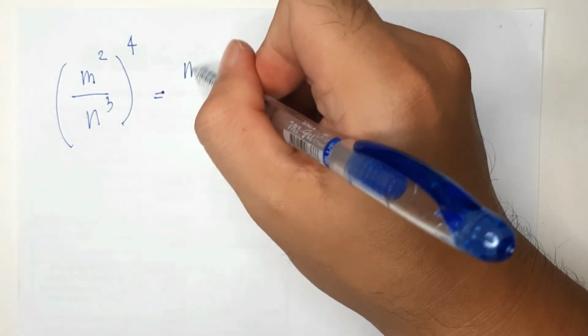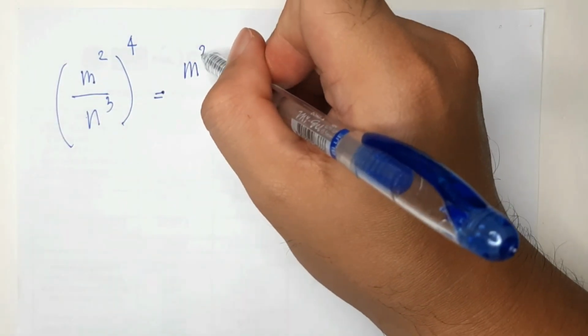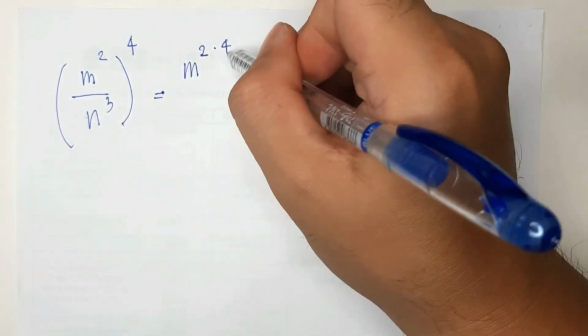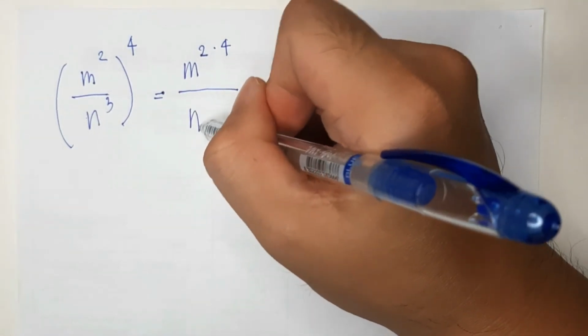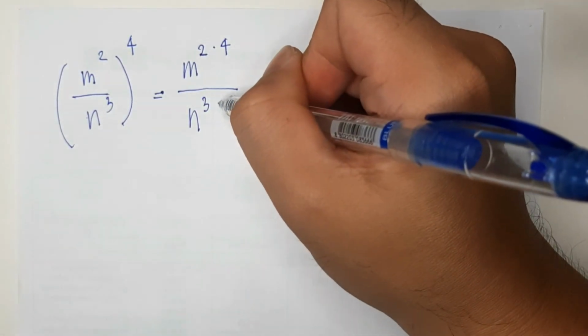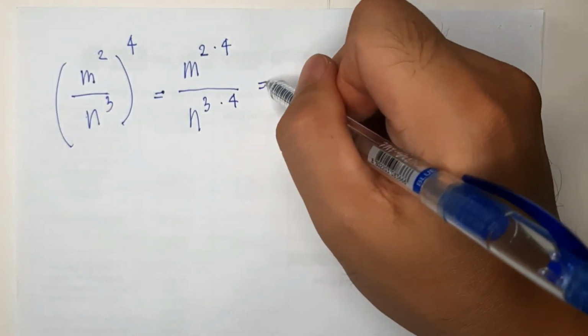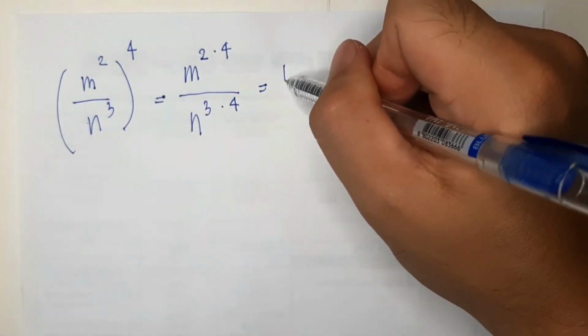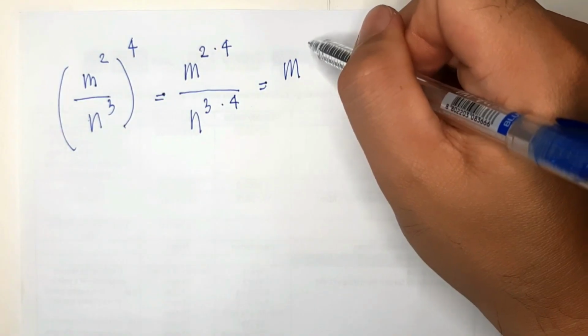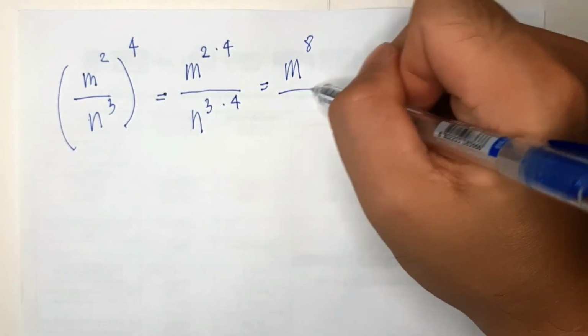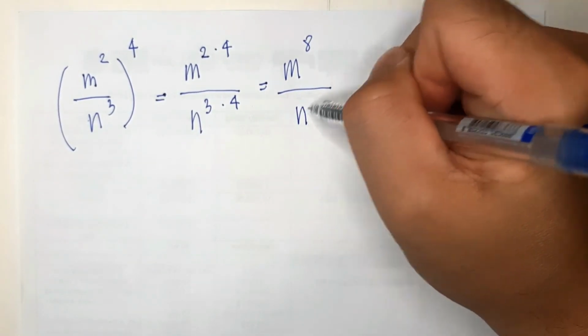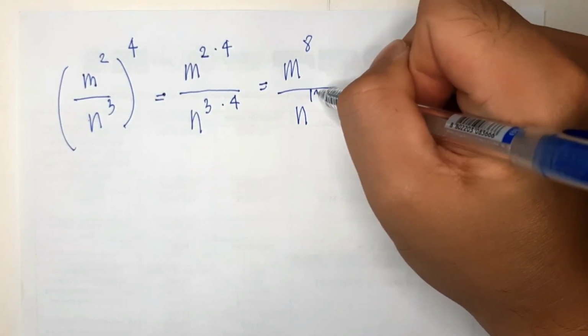So we have to multiply m squared times 4 over n cubed times 4. And then simply multiply them. So we have m to the 8th power over n to the 12th power.